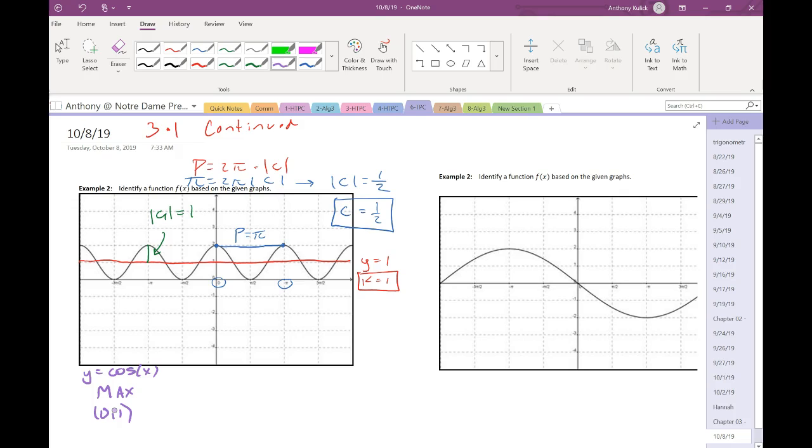I observe that the point 0, 1 on my parent function for cosine is a maximum. So in my transformed function, I want to pick another extreme point, either a maximum or a minimum. Now if I pick a maximum, that's going to tell me that my a needs to be positive. If I picked a minimum, that a would have to be negative.